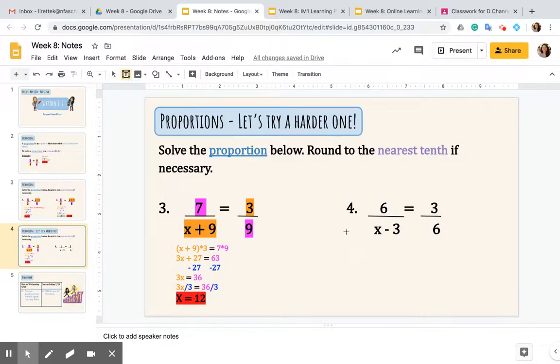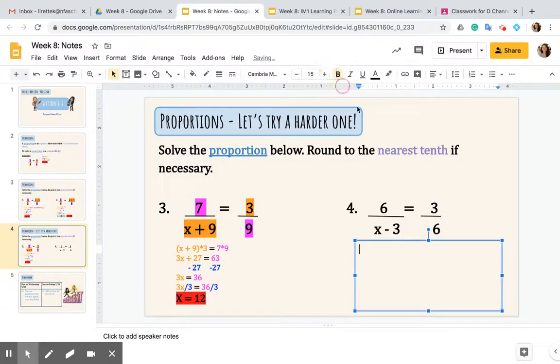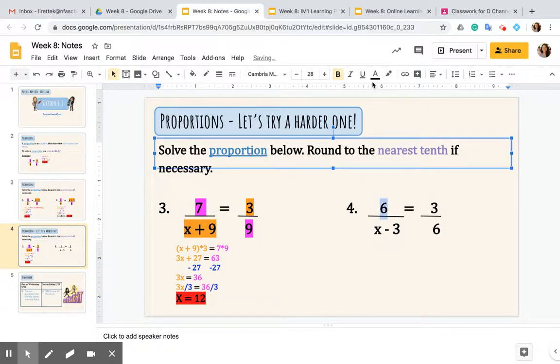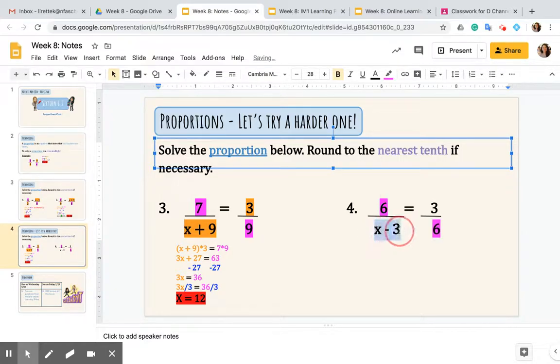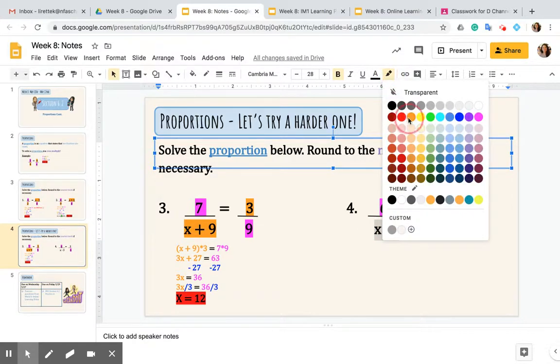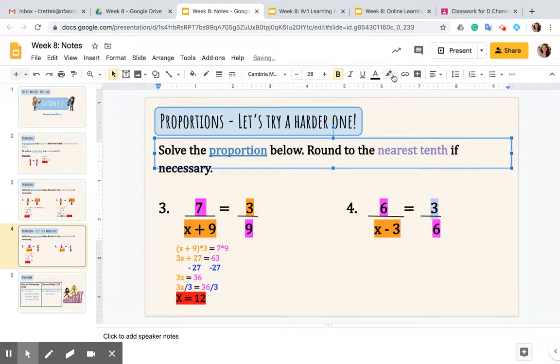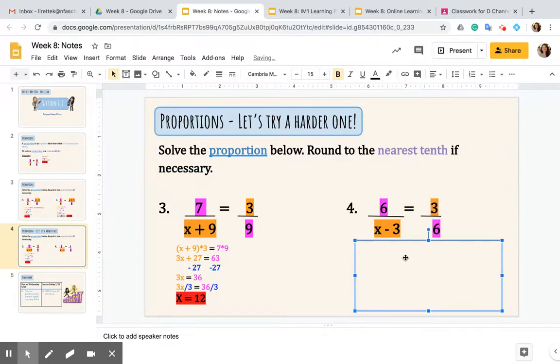Last one. I'm going to insert my text box, make it bigger, bold it, and let's start highlighting. 6 is going to end up getting multiplied with 6. And then I've got an x minus 3 that will get cross-multiplied with this 3. So I'm going to start again with the part that has the variable. That's just my preference.